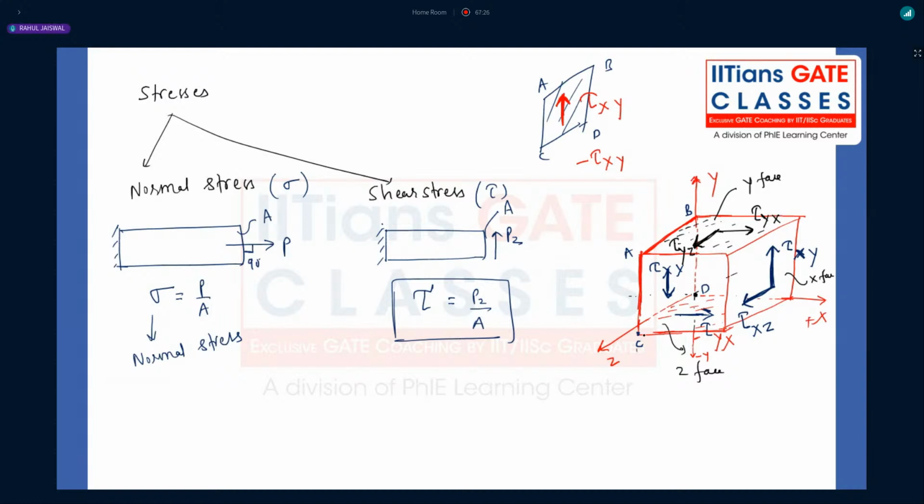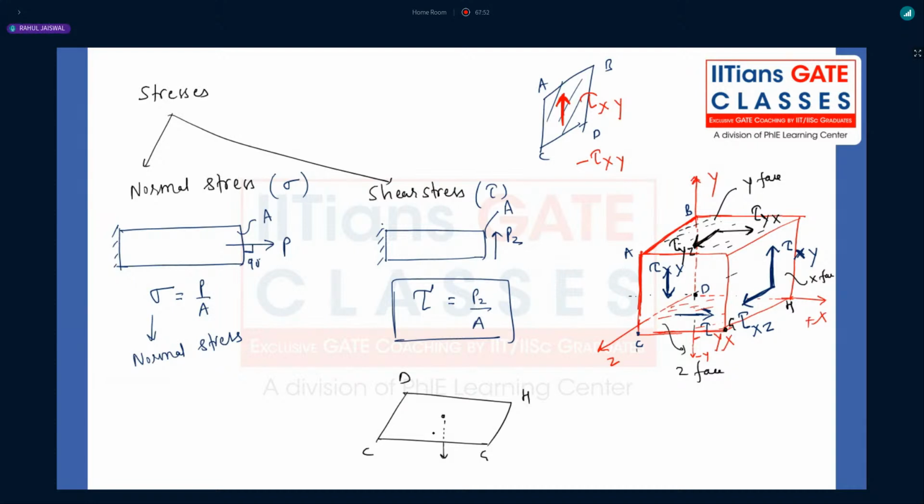What is the purpose? See, if I show you the plane CD, let's say here this will be G, this will be H. Now tell me, if I draw this particular plane CD, GH, which axis is passing perpendicular to this one? Which particular axis is passing? Negative y, right?